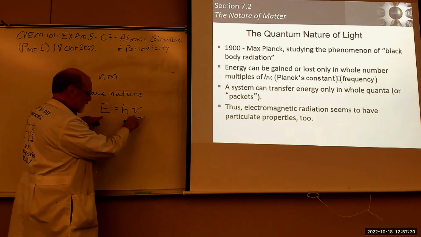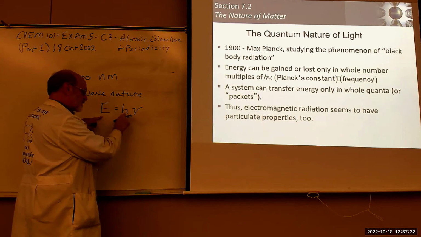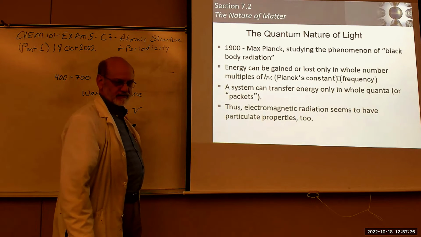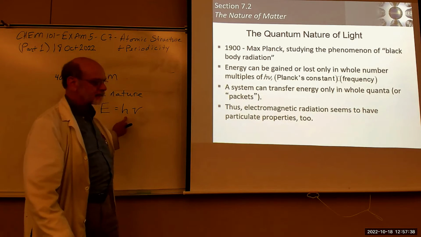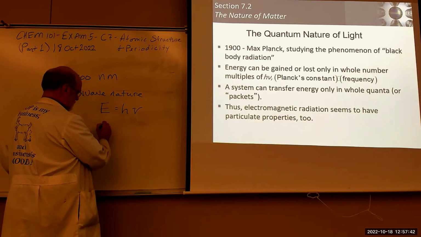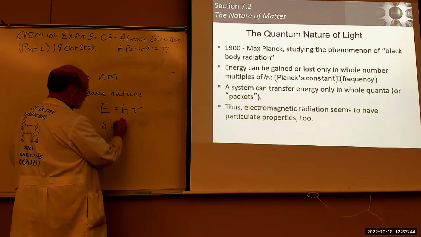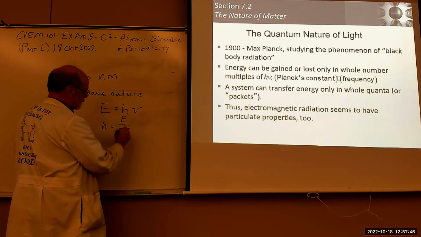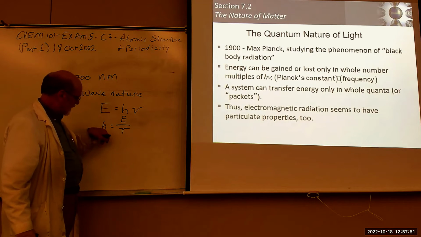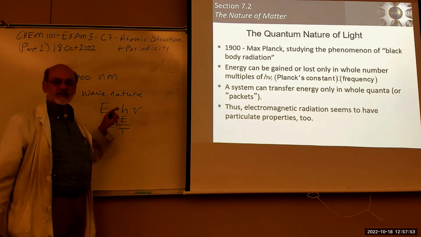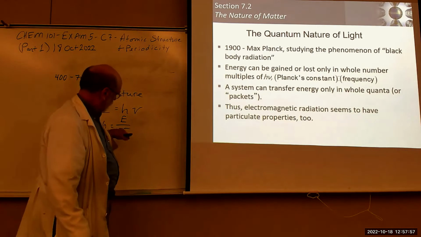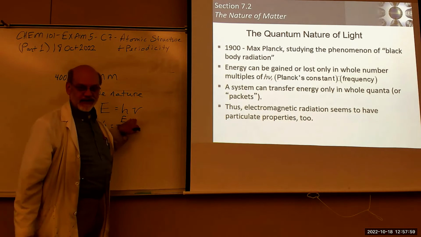So here are your two variables. Here's the constant. This is Planck's constant. You don't have to memorize it. It's in the useful information. If we rearrange that, Planck's constant is equal to energy divided by frequency, right? And I've said this before, if that's a constant and these are in the relationship of a quotient, then it's a direct relationship. So the higher the frequency, the higher the energy.